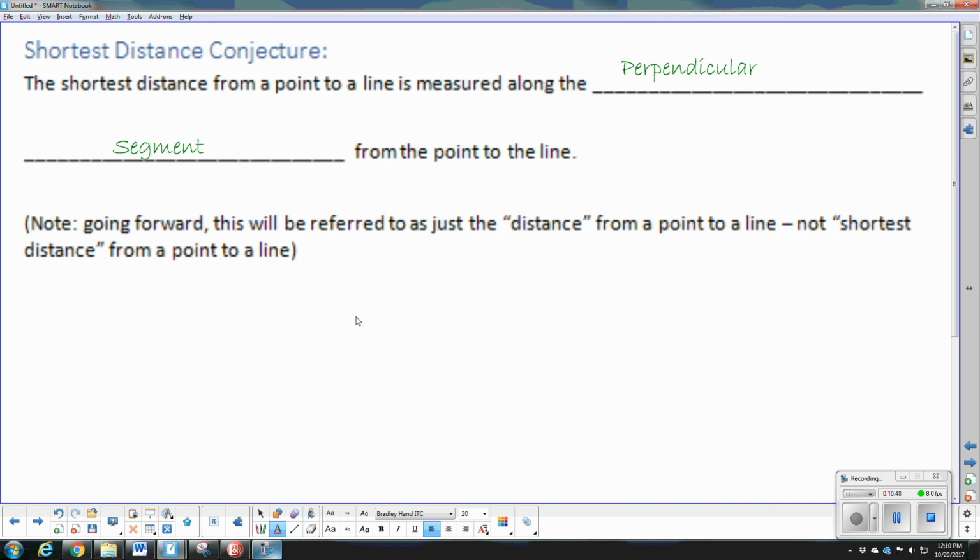So going forward, we're going to just refer to this as the distance from a point to a line, not necessarily the shortest distance from a point to the line.